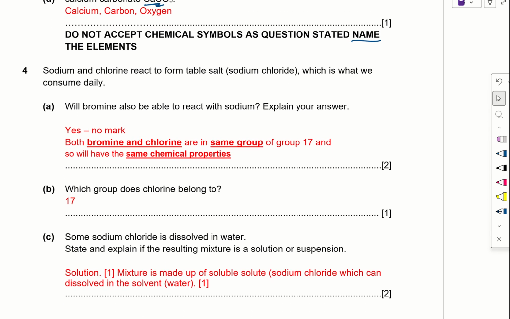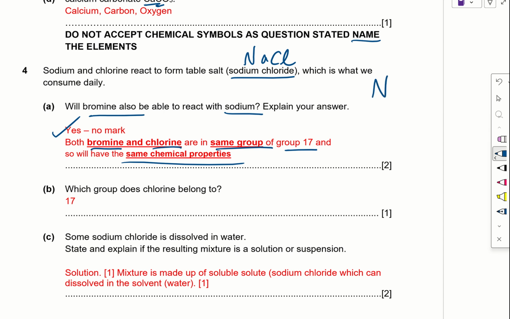Now, sodium and chlorine react to form table salt, sodium chloride, NaCl, which we consume daily. Will bromine also be able to react with sodium? Yes. Why? Because both bromine and chlorine are in the same group, group 17, and therefore have the same chemical properties. So we have Na, and we have Cl and Br.